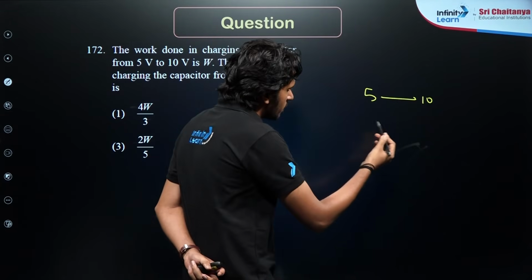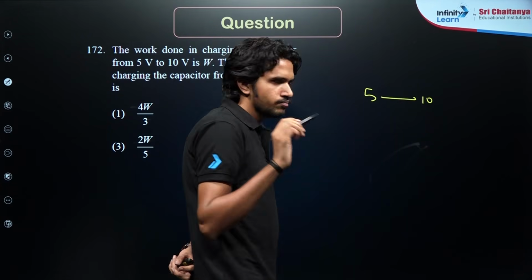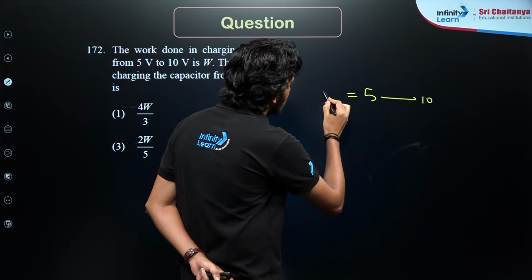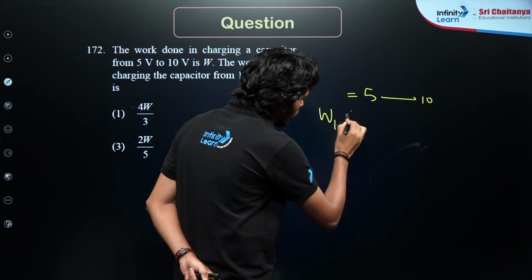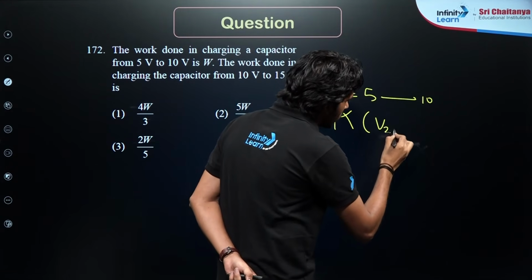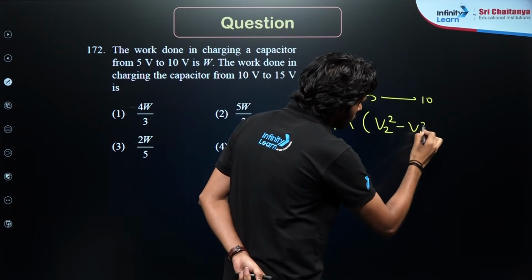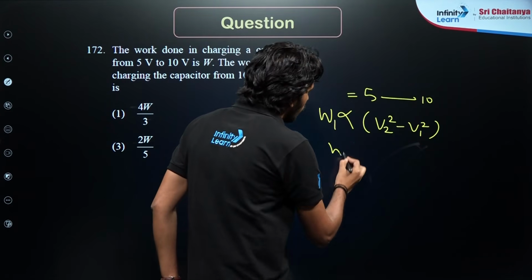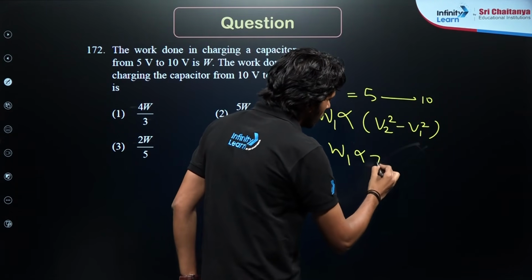So you know that internal energy is half CV square. So first change, let's say W1. W1 is proportional to half CV square, means V2 square minus V1 square. Okay, so 10 square minus 5 square. W1 is in the ratio of 75.